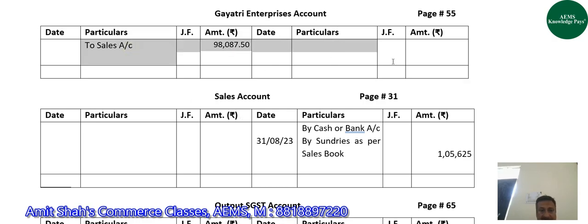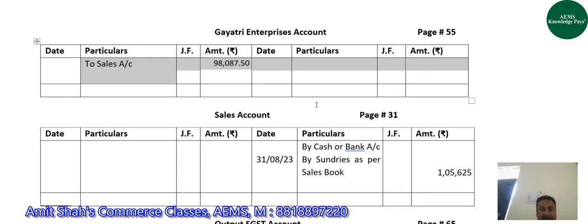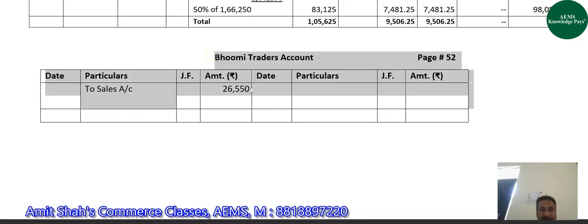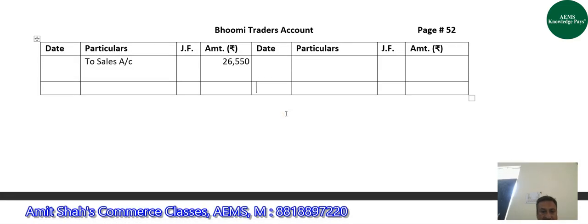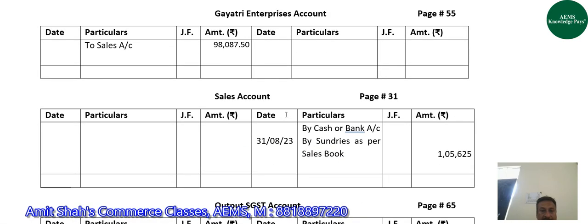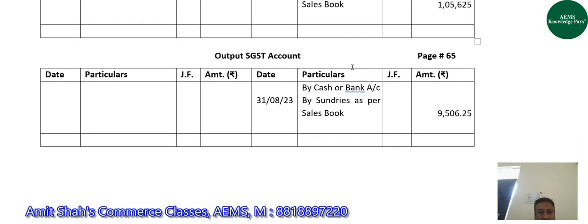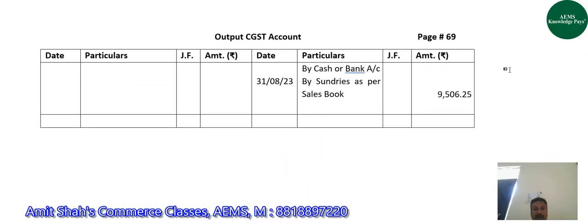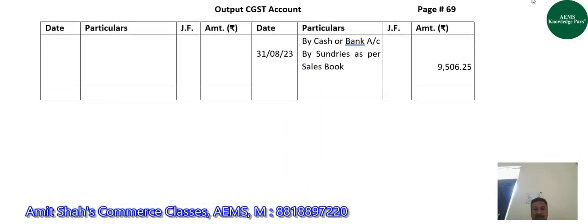And guys, keep some space in these accounts of Gayatri traders and Bhumi traders. Why? Because we may have some more transactions coming into these accounts. Make this also, guys, output CGST account.